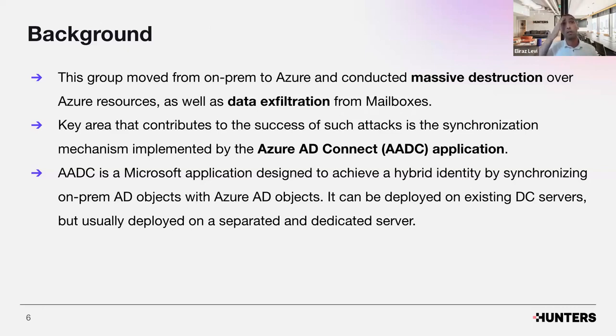A key area that contributes to the success of Mercury attacks, and in general contributes to the success of such attacks, is the synchronization service implemented by the Azure AD Connect application. This Microsoft application is designed to assist in and actually manage the synchronization between on-prem AD and Azure AD.